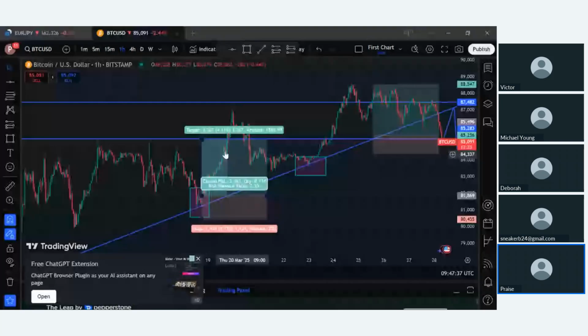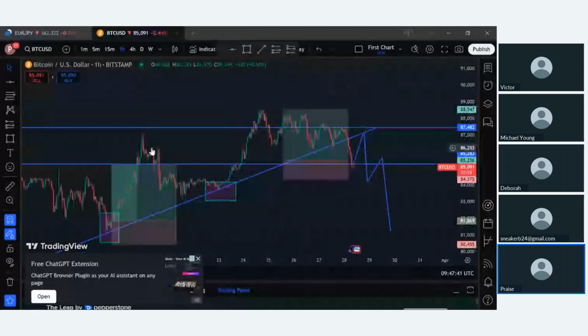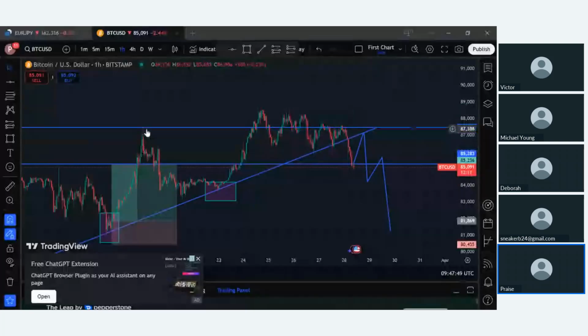When you hit your take profit, you can either close for the day or wait for the market to come back to the trend line again. In this case, you can see the market got to this high, retraced, you can take the entry again, and you see that it got to that high. So where you put your target is the previous high that formed that retracement back to the trend line.